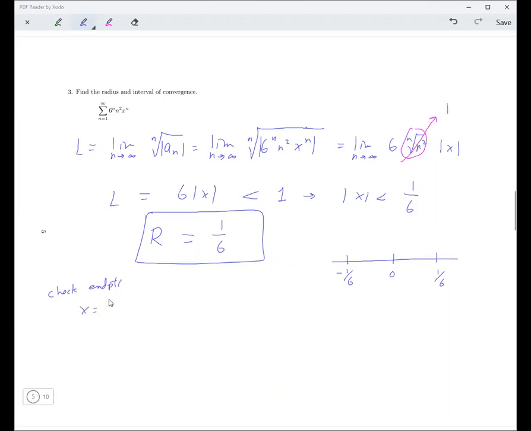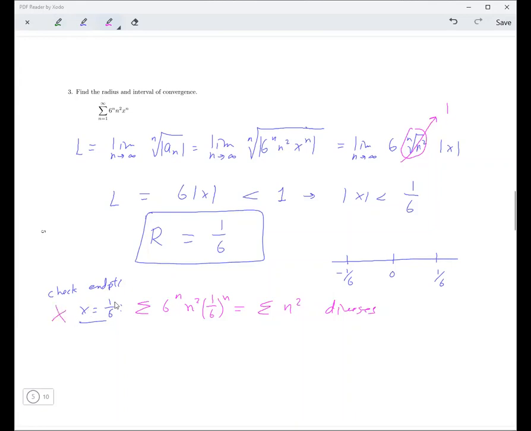First of all, 1/6. When you set x equal to 1/6, that is going to give you 6 to the n squared, and then 1/6 to the n, which is going to be that. And does this converge or diverge? Diverges. Yeah, that diverges.